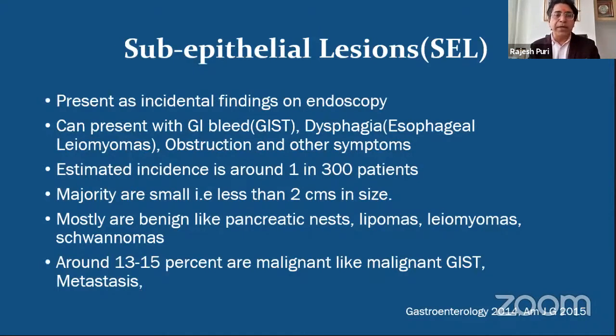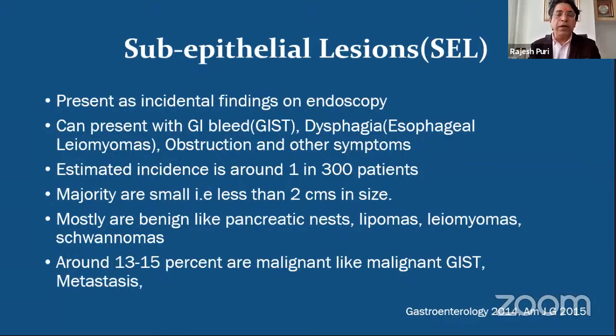The majority of them are small, less than 2 centimeters in size. Mostly subepithelial lesions are benign, like pancreatic rest, lipoma, leiomyoma, or schwannomas. But in 10 to 15% of cases, they are either pre-malignant or malignant in nature, like malignant GIST or metastatic disease.